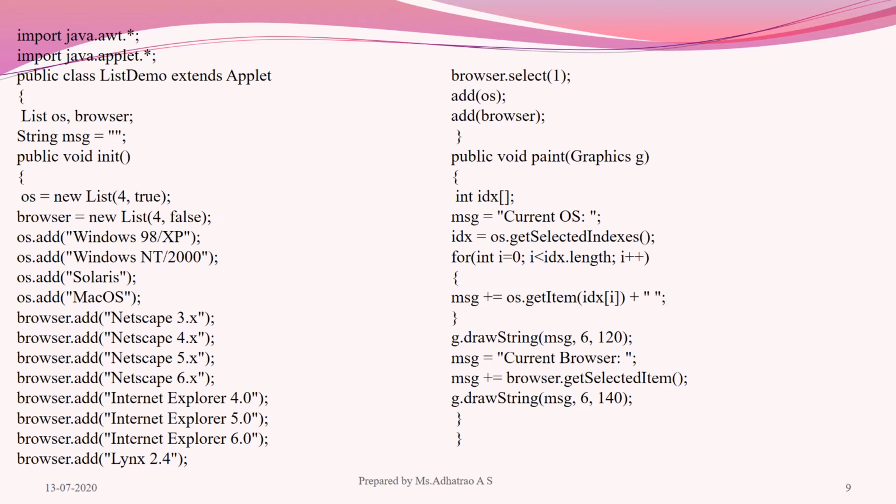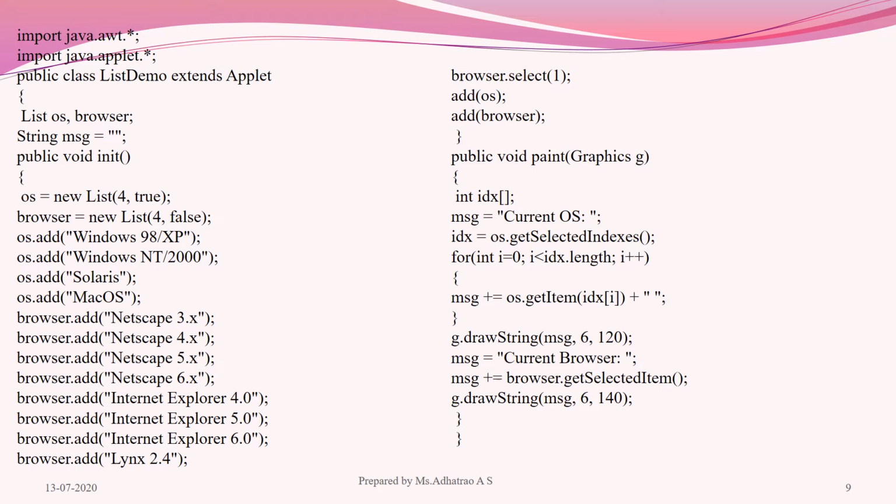And here I am using the other methods of list, getSelectedIndexes, which returns the array containing the selected items under the os object.